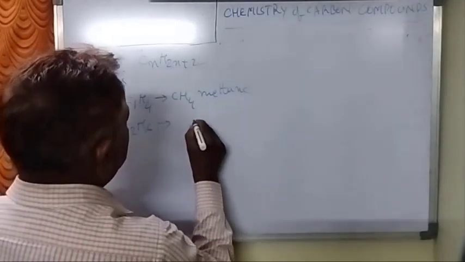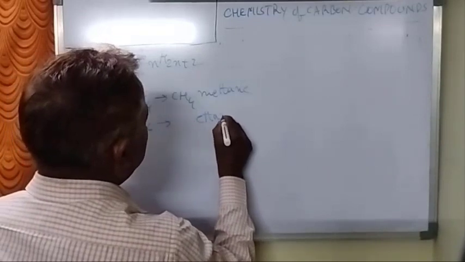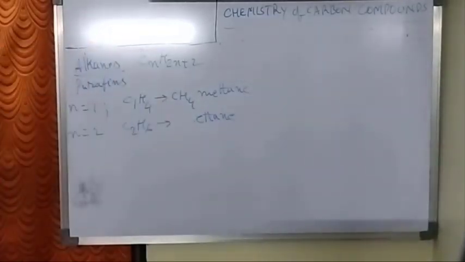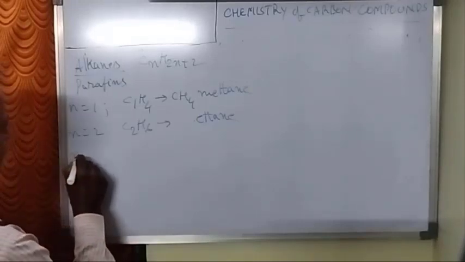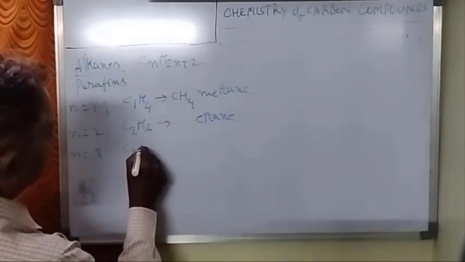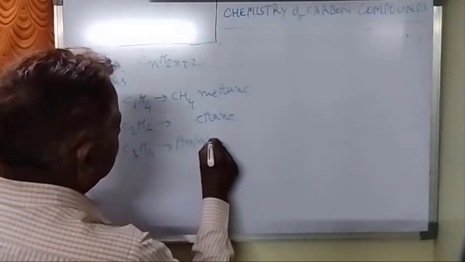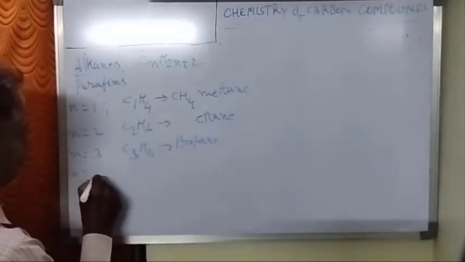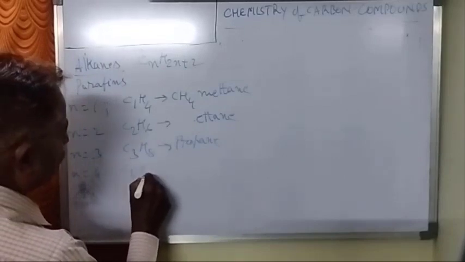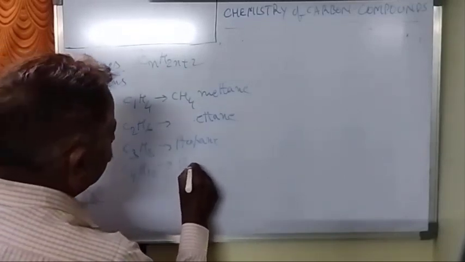This is ethane. So for all these substances, finally ANE will come as a suffix. n equal to 3, C3H8, propane. n equal to 4, C4H10. This is butane.